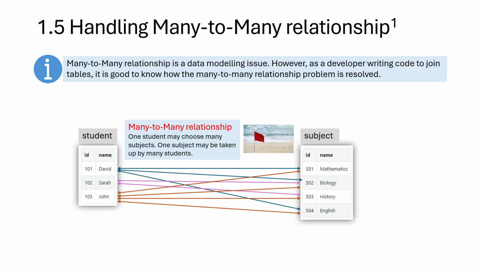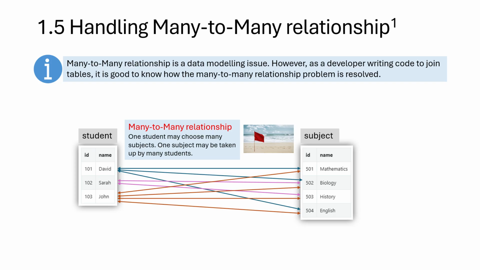Let us take a classic example of student and subject. As you can see in the illustration, one student may study many subjects and one subject may be taken up by many students. In other words, student entity and subject entity, they are in a many-to-many relationship.